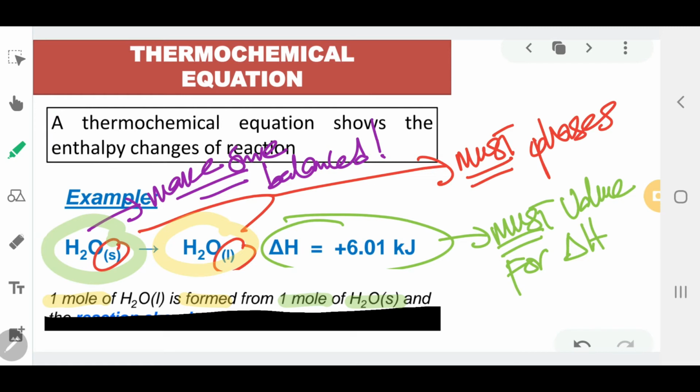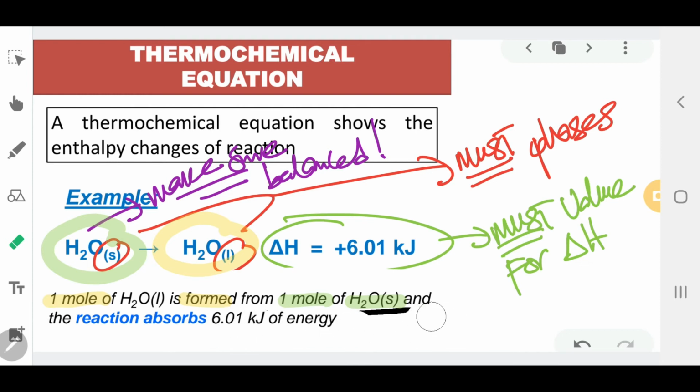And what happened? The reaction absorbs energy. How much? 6.01 kilojoules of energy. So the reaction is absorbing heat from the surroundings into the system to melt the solid water into liquid water.